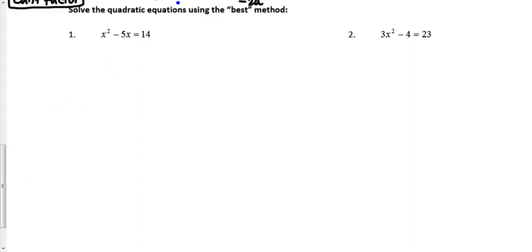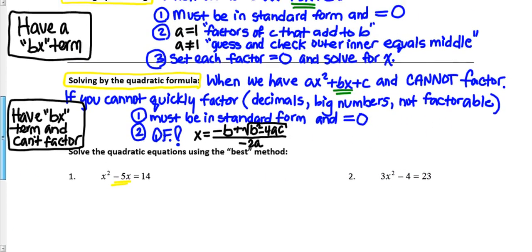So looking at 1 and 2, the first thing that jumps out to me is that, I'm just going to highlight this real quick, you don't need to do this, but notice, number 1 has a middle term, has an x term. Number 2 does not. So as soon as I see that we do not have a bx term or a middle term, what tool in the toolbox will we use for number 2?